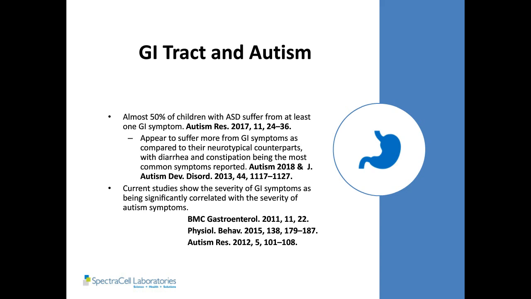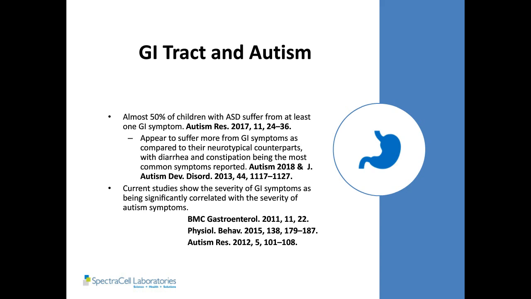We know certain deficiencies don't allow our microbiome to proliferate like it should. But you can see here that about 50% of children that have autism have at least one GI symptom. In some cases, the GI symptoms actually overpower or overshadow the actual neurological involvement.